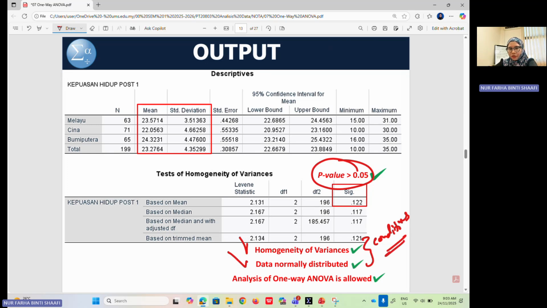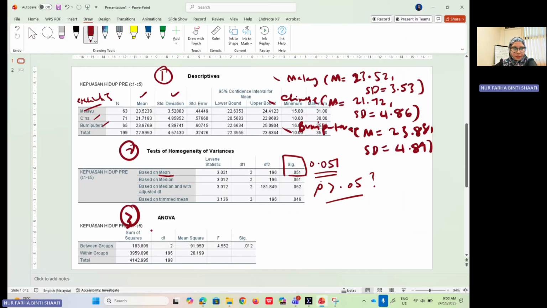So if you achieve these two, then you are allowed to use the analysis of one-way ANOVA. And then from here, we have the third table of ANOVA. Look at the significant value here, which is 0.012.